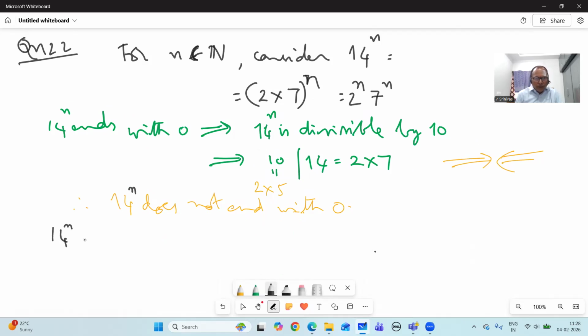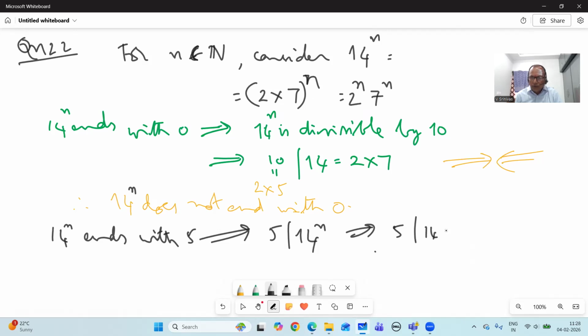How about 5? Let us assume that 14 power n ends with 5. That means 5 divides 14 power n. From here you get 5 divides 14. But 14 is 2 into 7. This is the prime factorization, and 5 is a prime number. In the prime factors of 14, you have 2 and 7 only, and 5 is not present.